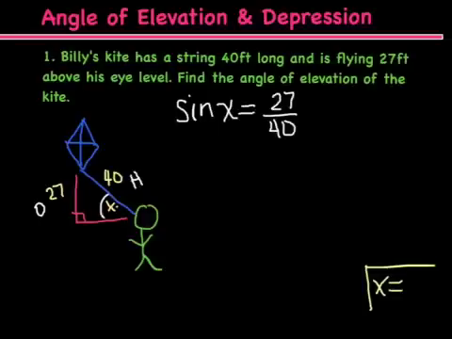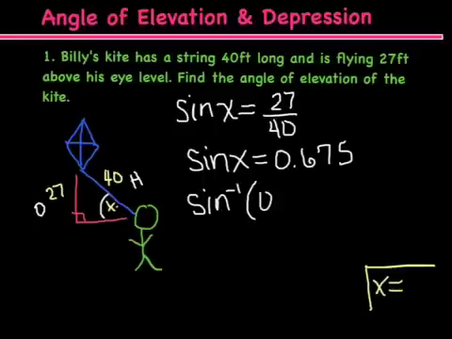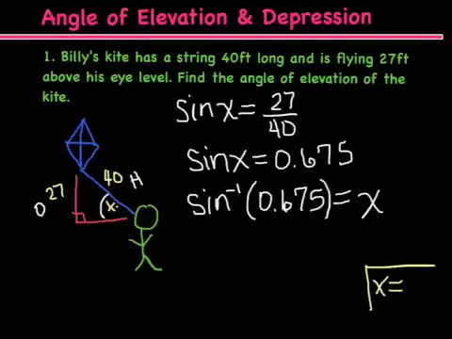So the next thing we need to do is divide 27 by 40. And that gives us 0.675. So now I need to take inverse sine, remember this, of our decimal, 0.675, and that'll give me my value of x.